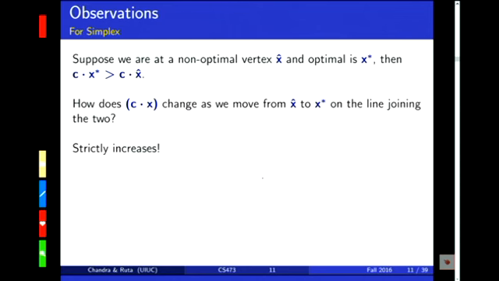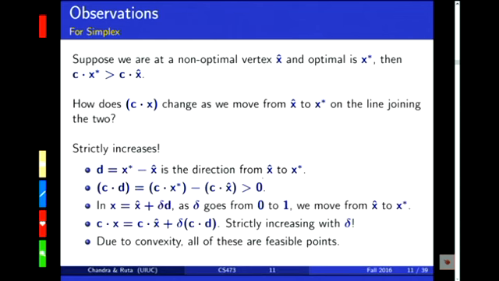So let's say d is the direction of movement from x hat to x star. So d is x star minus x hat. Now you multiply c dot d. It is just c dot x star minus c dot x hat, but that is strictly greater than 0 because of this property. And when you are moving from x hat to x star, you are essentially moving in direction d from x hat.